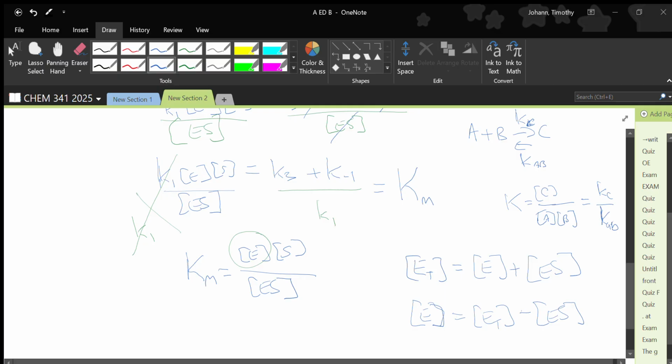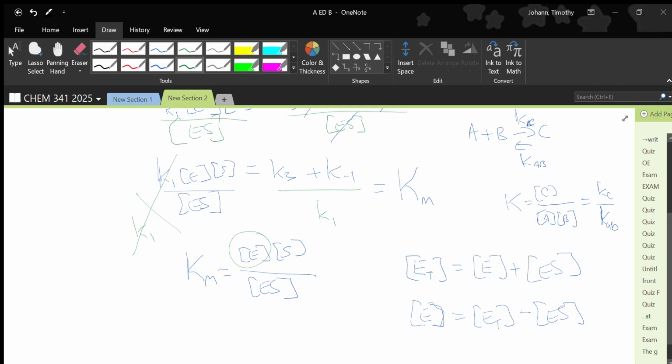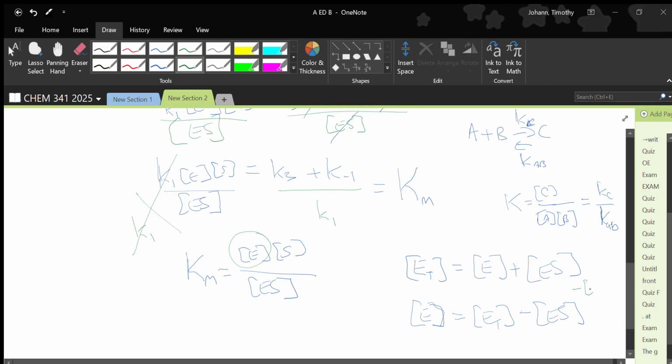I flipped a couple things around there. What I was doing was subtracting enzyme substrate from both sides. Are you guys with me with that? Okay.